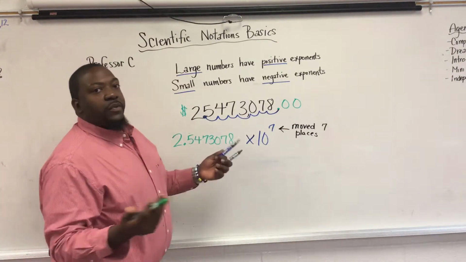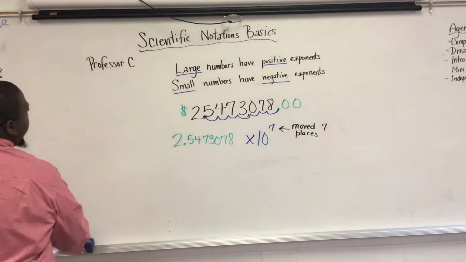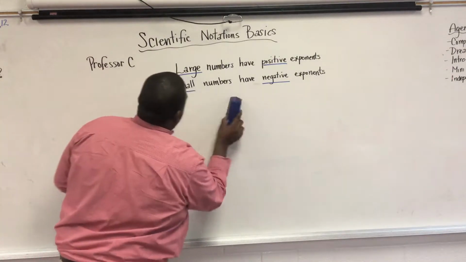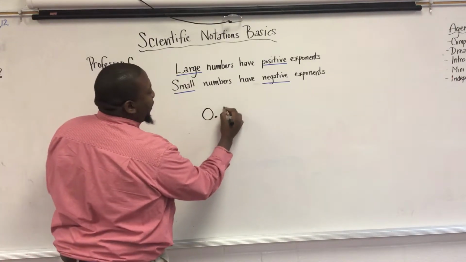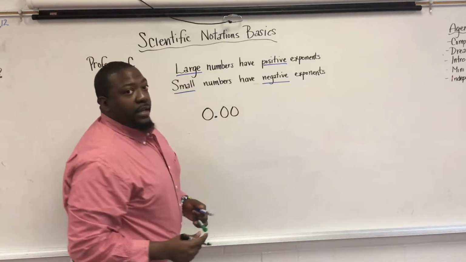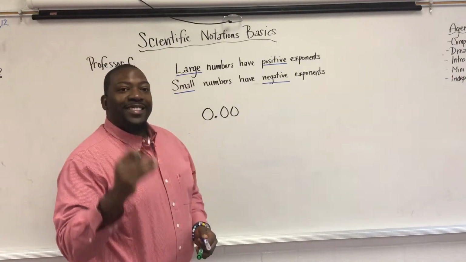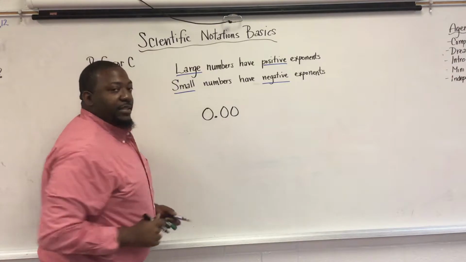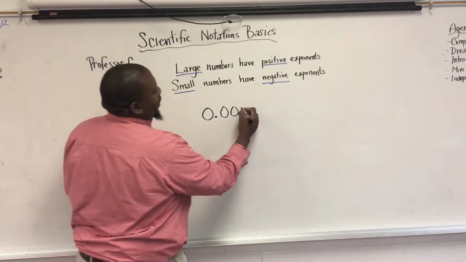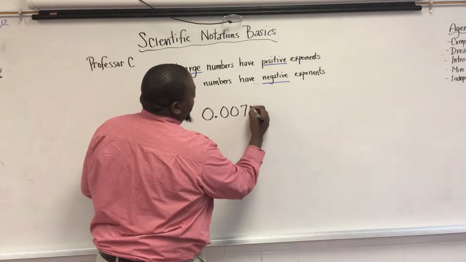Now let's look at very small numbers so you can see what I mean by that. A very small number is any number that is smaller than 1, which means the zero is in the ones place. So let's imagine I had this number.